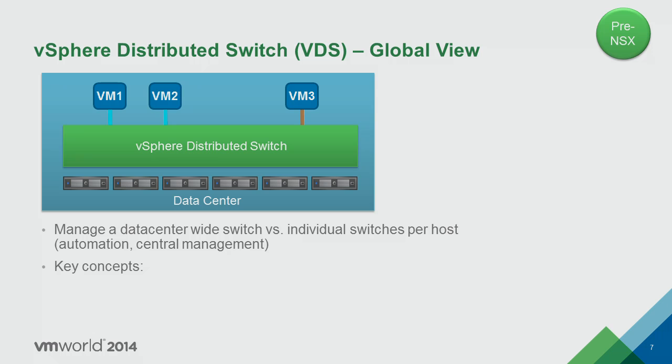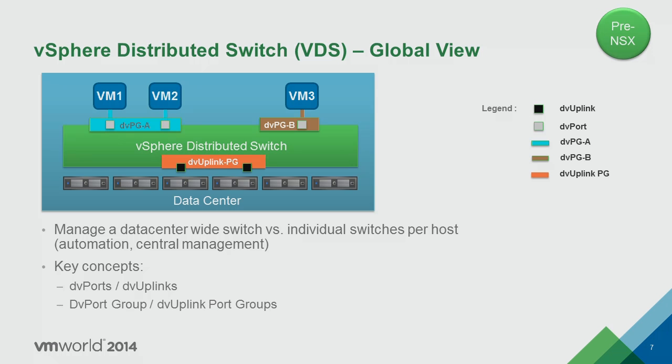So a few concepts I would like to introduce about the VDS. You probably know about them, but just to mention them, the first-class citizen here is the DV port, the port where your virtual machine attaches. So the virtual machine has a VNIC that is connected to a DV port. Similarly, we have a DV uplink, which is the representation of the physical connectivity of the VDS to the network fabric.